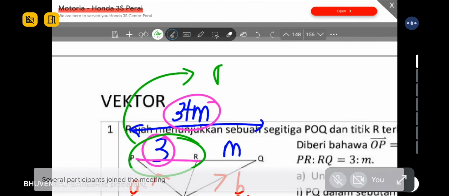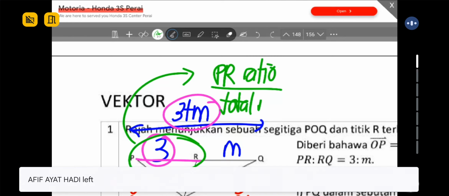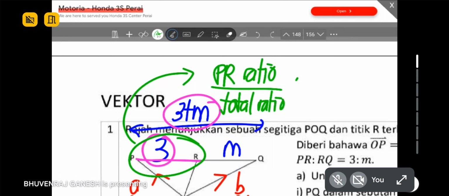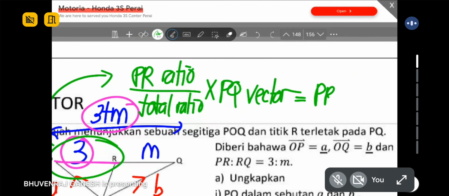You take the PR ratio over the total ratio times the PQ vector. This is the concept, guys. This is equal to the PR vector. This is the formula, guys: PR ratio divided by the total ratio times vector PQ equals vector PR.